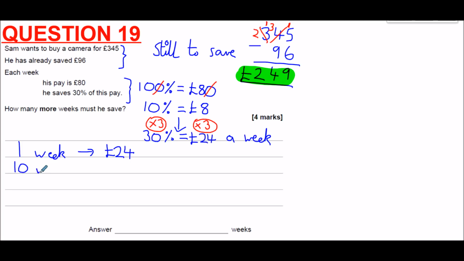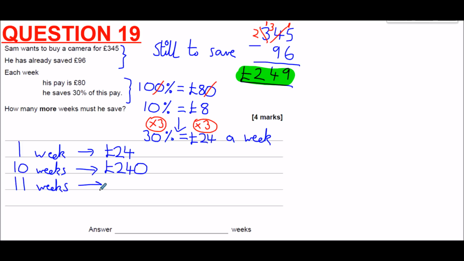So in 10 weeks, he'd be able to save 10 times 24, which would be 240, which is nearly there. He's still £9 short though. So although 10 weeks is nearly enough, it's not quite enough. So you'd need an extra week, which would be 11 weeks in total.